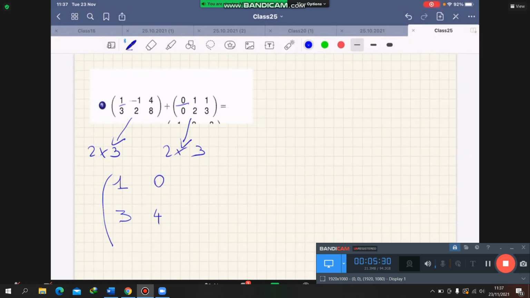I know it's straightforward. Second row, third column, 8 plus 3 equal 11. And first row, third column, 4 plus 1 equal 5. Then the second example, I'm going to leave it a moment, but I think the sum is straightforward. But obviously, you need to review it.